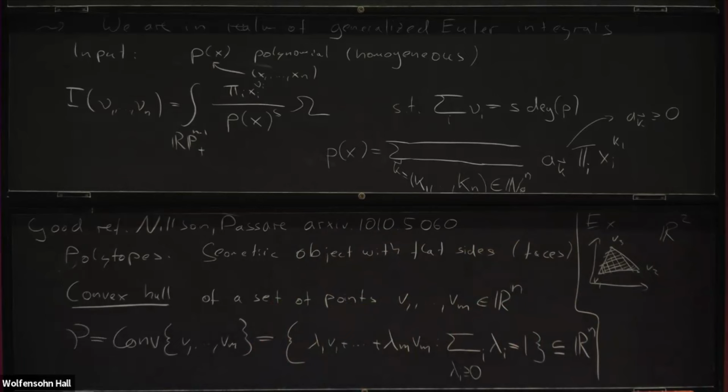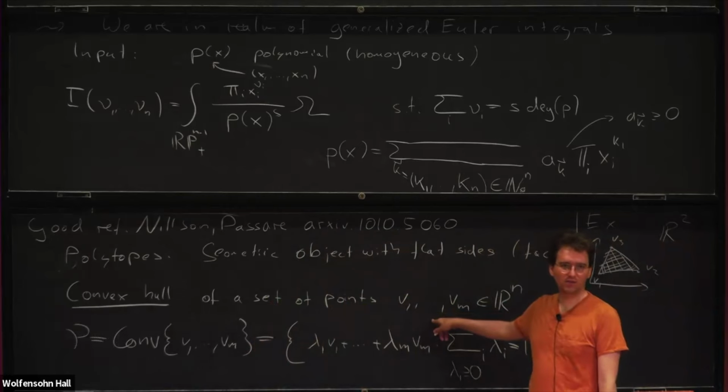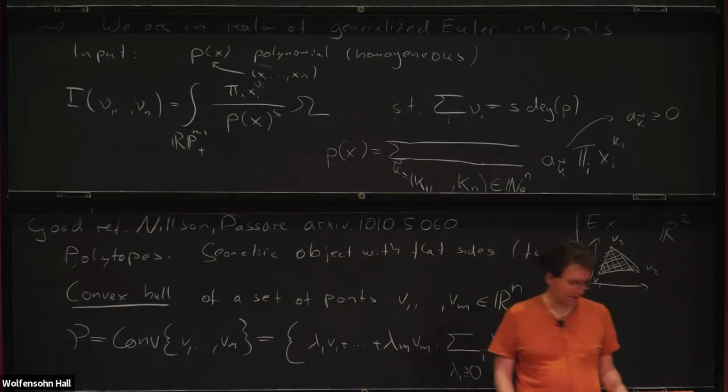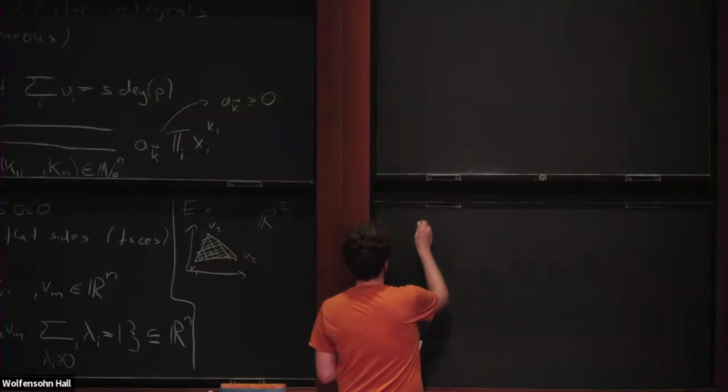And this convex hull representation of the polytope is called the V representation, for vertices. And there's also a different representation of a polytope, because each polytope can also be written as a set of inequalities that describe the polytope.